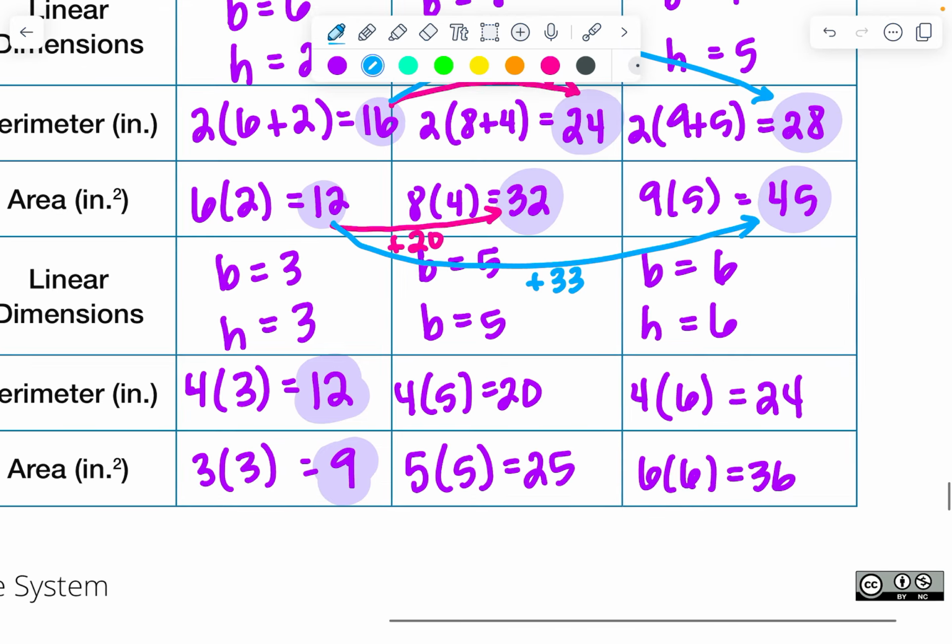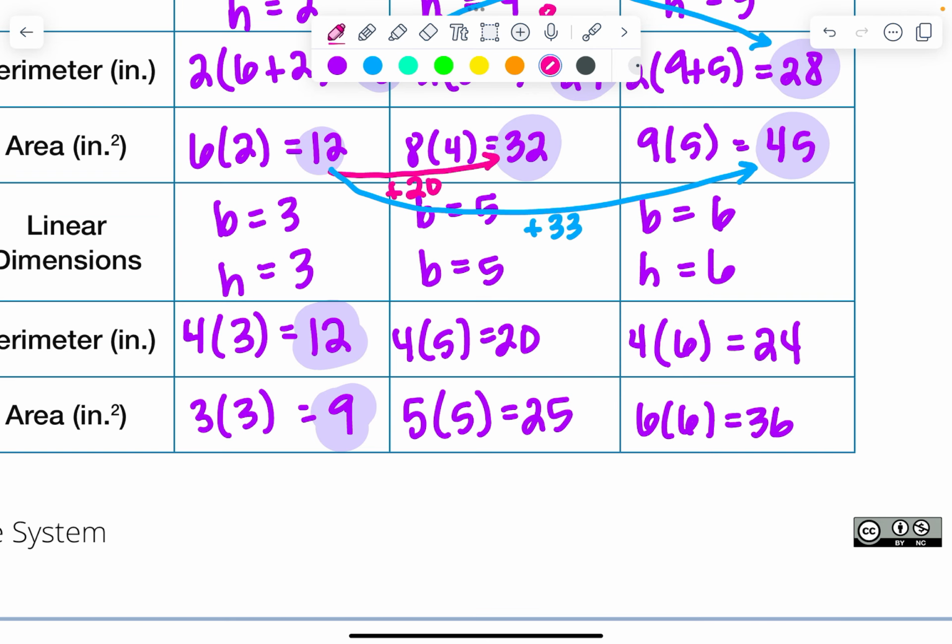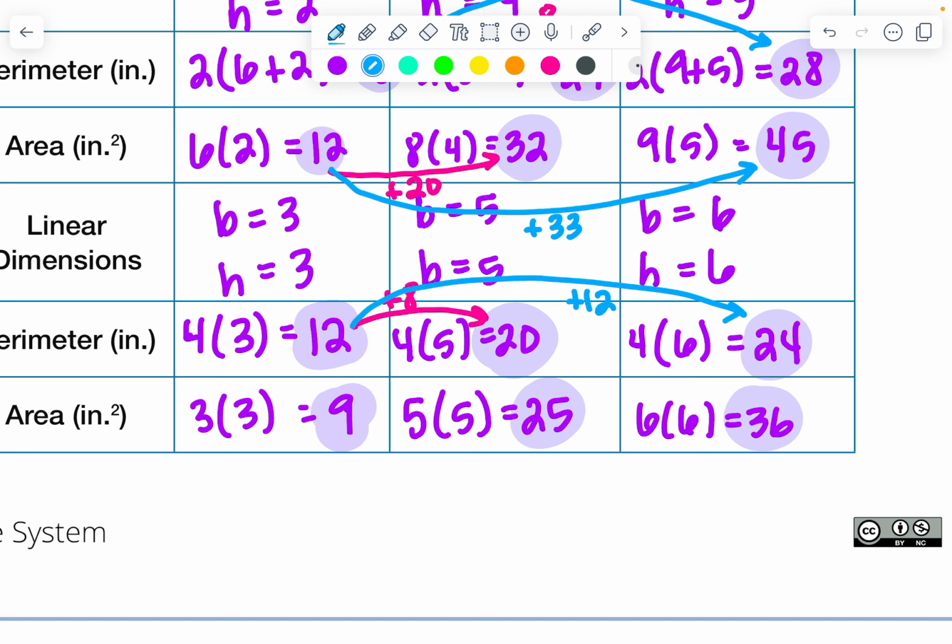So let's check the pattern for this last rectangle. From 12 to 20, that's adding 8. From 12 to 24, that's adding 12. So that matches what we did before. So when we add 2 to the dimensions, we add 8 to the perimeter. When we add 3 to the dimensions, we add 12 to the perimeter.